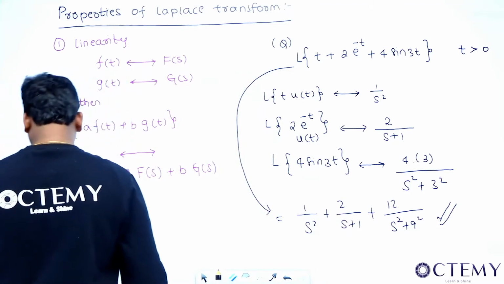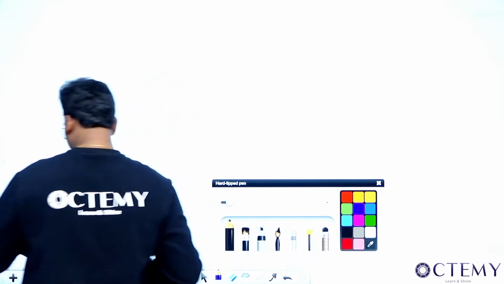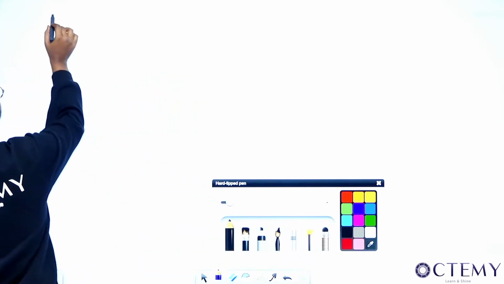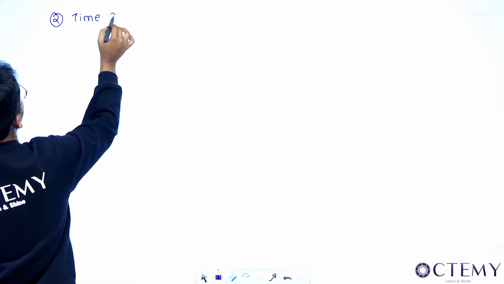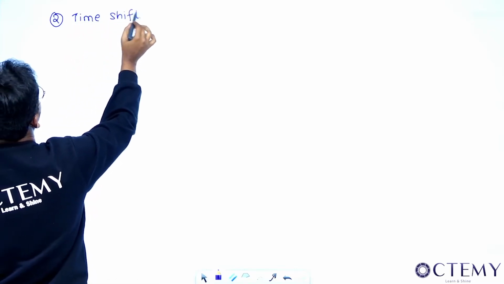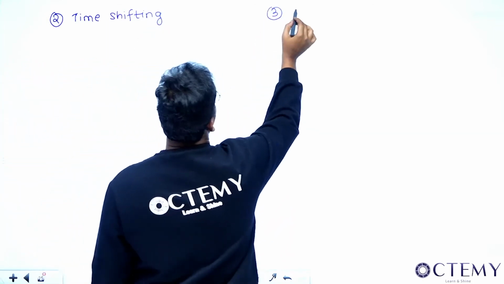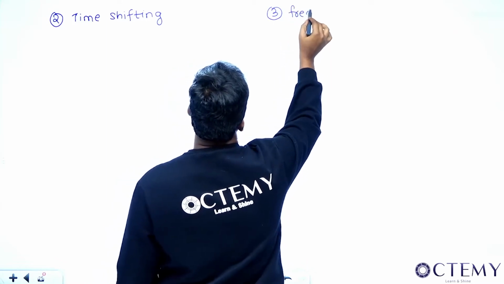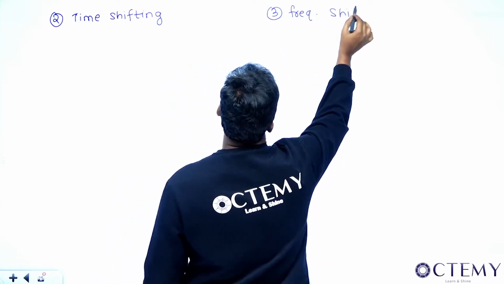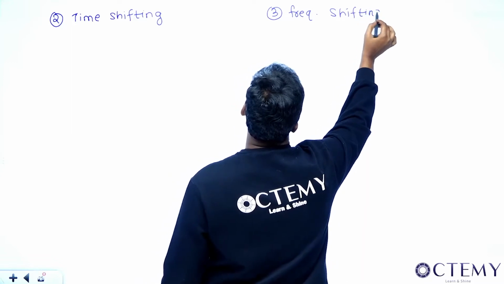Very good, sir. Next, the second property is basically the time shifting property. Second property is time shifting, and the third one is frequency shifting. I will write them together, because it will be easy for you to remember, sir.